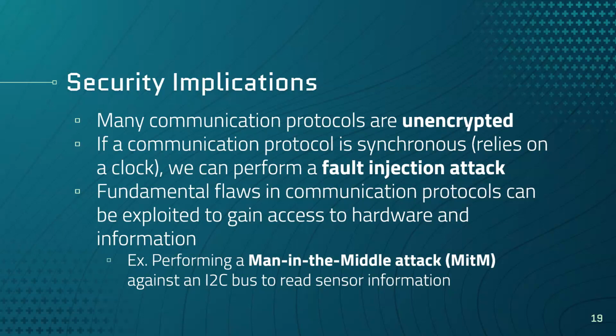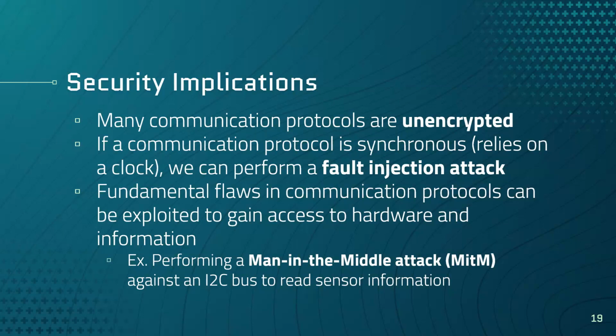We talked a lot about synchronous protocols, which are the ones that rely on a clock signal. You can perform a fault injection attack, which we will get into in future workshops, where you can actually change the speed of the clock. You can speed it up or slow it down by small increments. And if you change it fast enough, if you create enough clock jitter, that can cause the communication protocol to mess up.